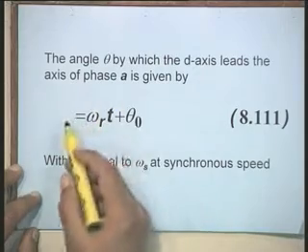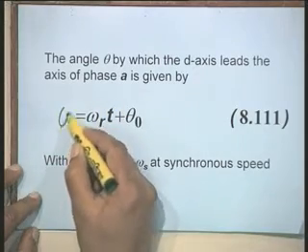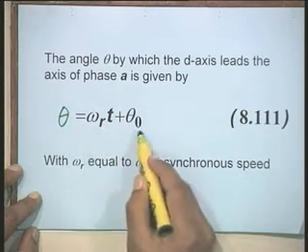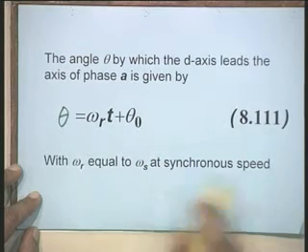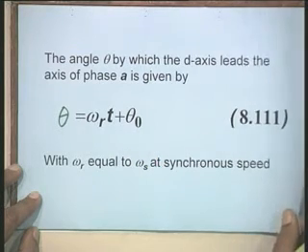Now, we can represent the angular position theta as omega r into t plus theta o, and omega r is the same as omega s, because it is a steady state operating condition.